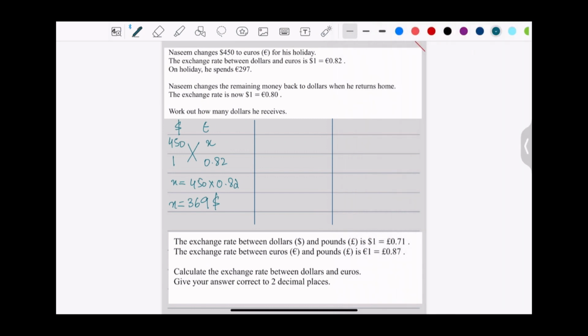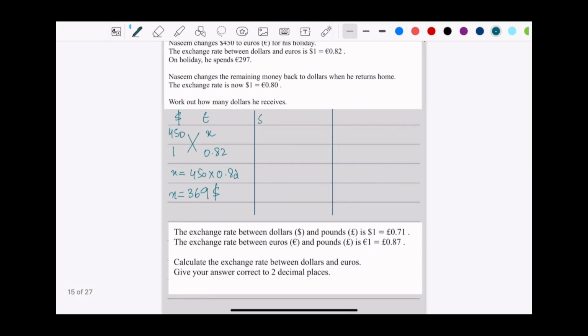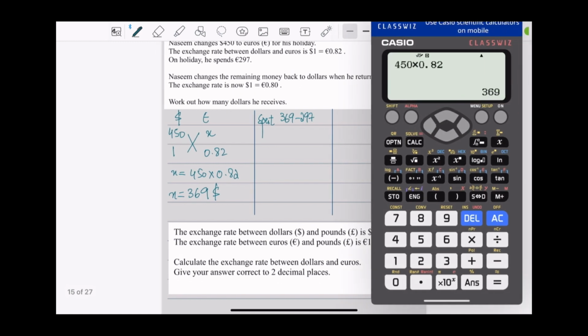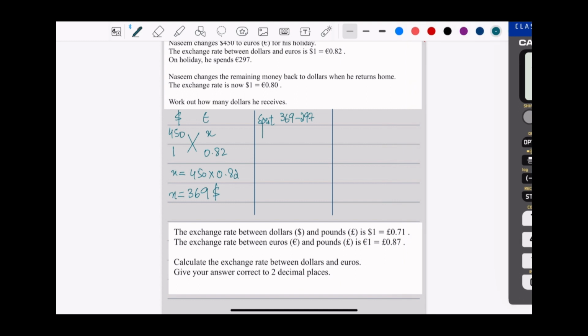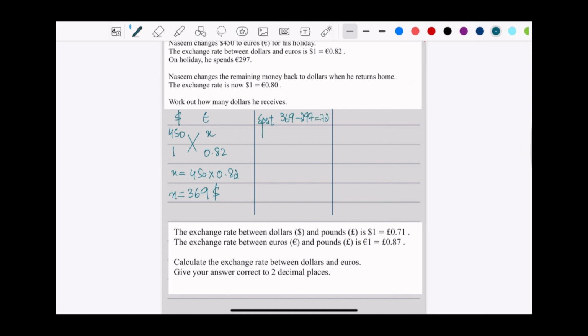Now, he spent 297, so 369 minus 297, which is going to be 72 remaining. So this is his remaining amount.